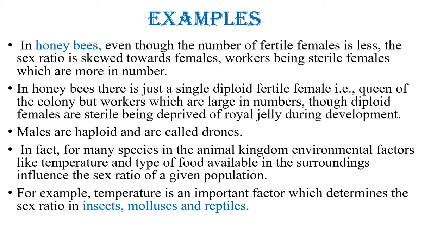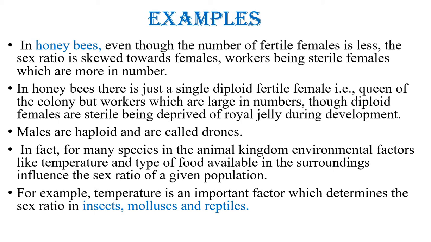In the honeybee, there is just a single diploid fertile female, which is known as the queen of that particular colony. But workers, which are larger in number, though diploid females, are sterile, and these sterile females are produced as they do not get royal jelly during their developmental period.